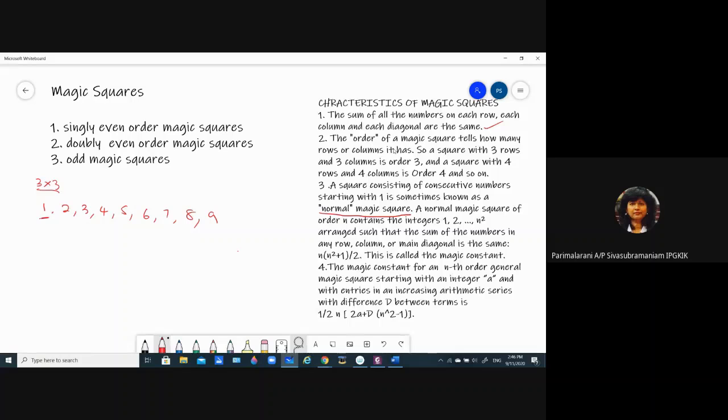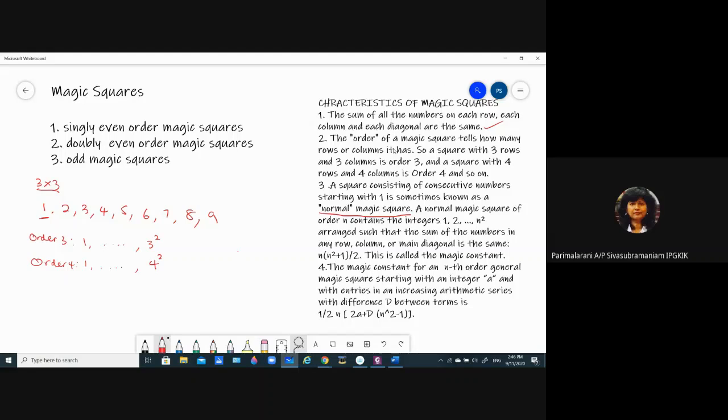So if your normal magic square has order 3, the numbers start from 1 until 3 square, which is 9. If you have order 4, the numbers start from 1 until 4 square, which is 16.